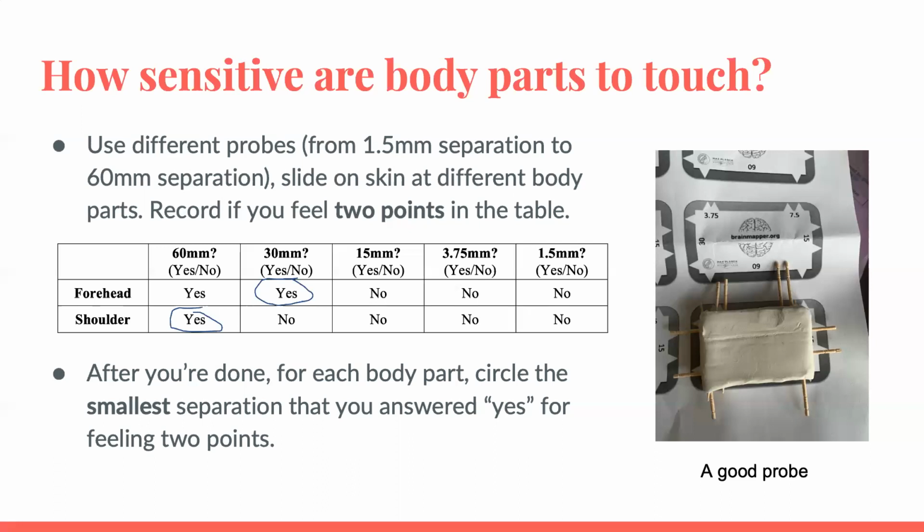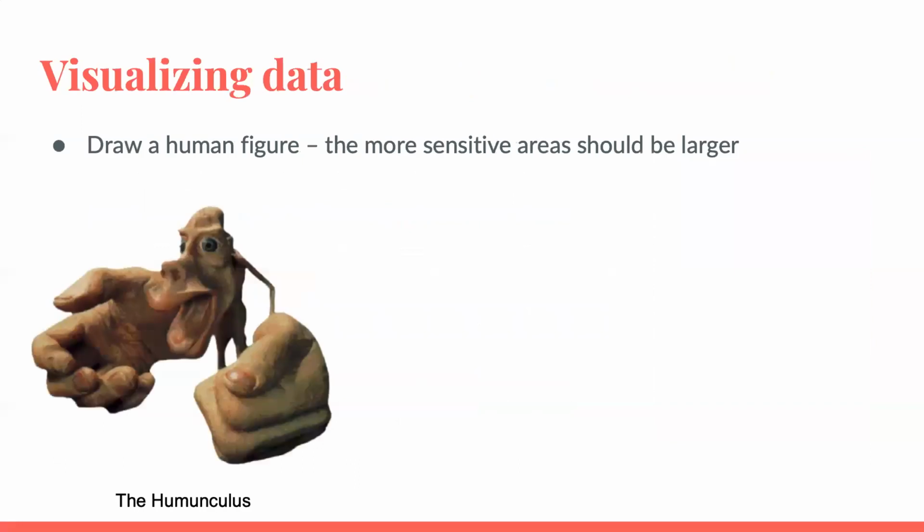So draw a little human figure here, but for each area, the more sensitivity you have, the bigger the area. So for example, in my case, my forehead is more sensitive than my back. So I want to draw my forehead to be very large relative to my back. So what you have basically would be a tweaked human figure that really is a sensitivity map.